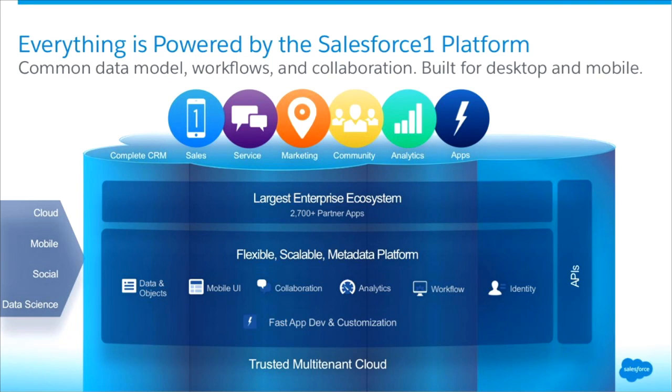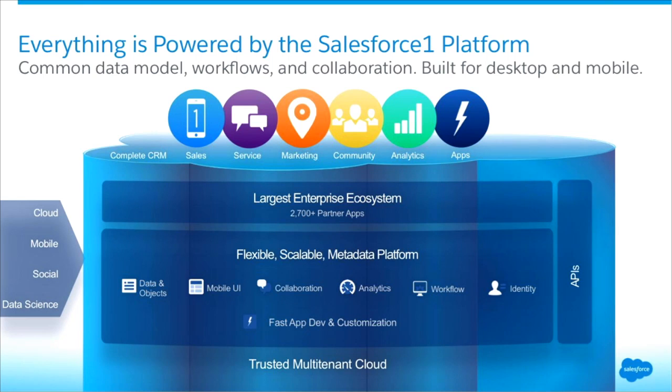And the real power of the Salesforce One Platform is that the custom apps you build share the data with all of our pre-built enterprise-grade apps with Sales Cloud, Service Cloud, Marketing Cloud, Community, and Analytics as well. And underneath that is the same technology powering your custom apps, our partner apps, and our App Exchange ecosystem, as well as all these pre-built Salesforce apps, all running on the Salesforce One Platform together.